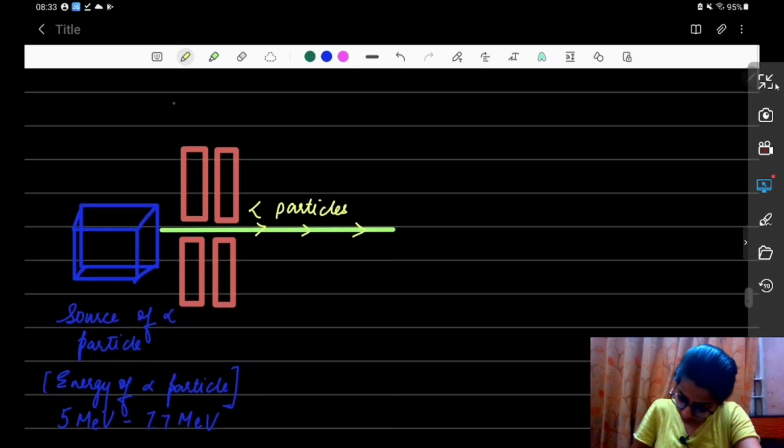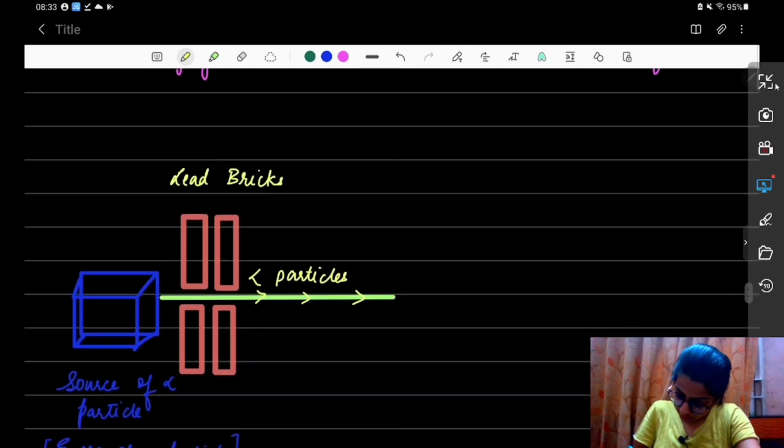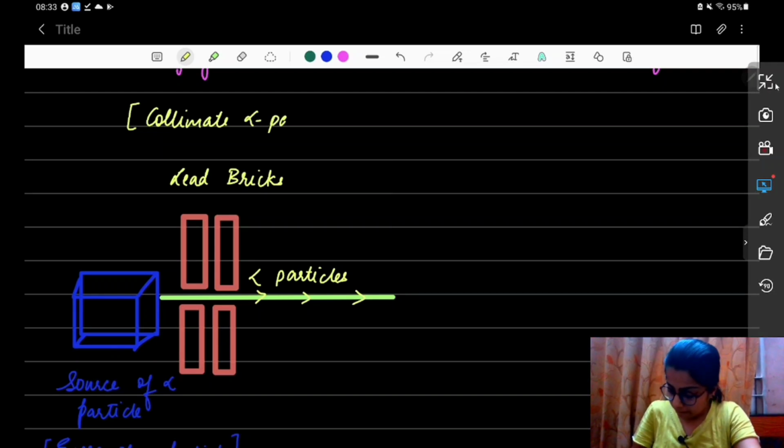These are lead bricks. With the help of lead bricks, they collimate alpha particles into a thin beam.